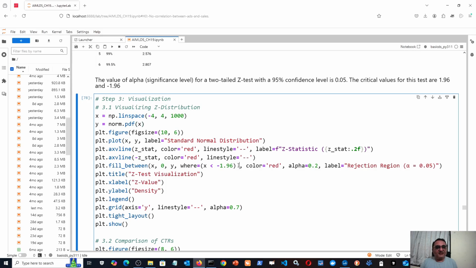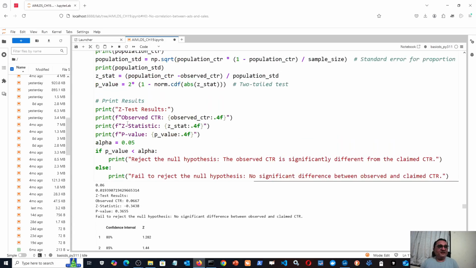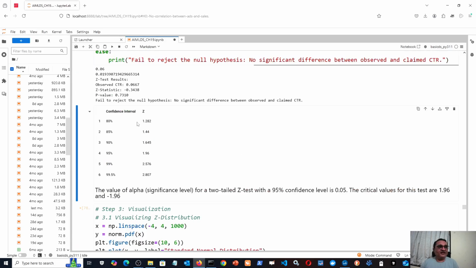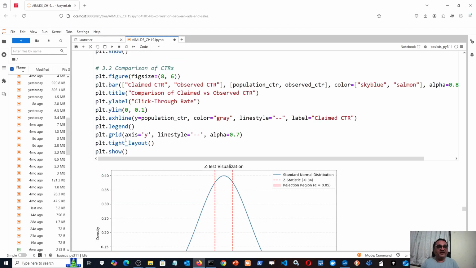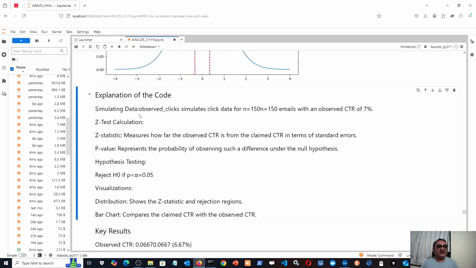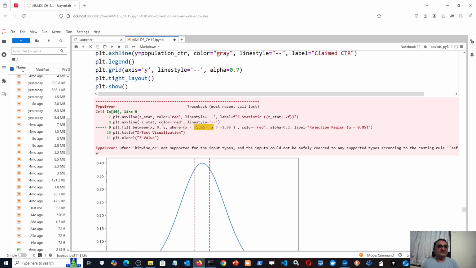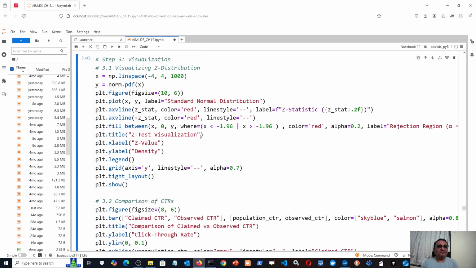Okay, now let me make this once again what it was, so that in my next run, I can first plot the correct graph for two-tailed only. So I had made two changes, which I again corrected, and now again my p is this, so two-tailed Z test, and again both sides will have a rejection region. Bitwise OR is not supported, but it was there. What is the problem?